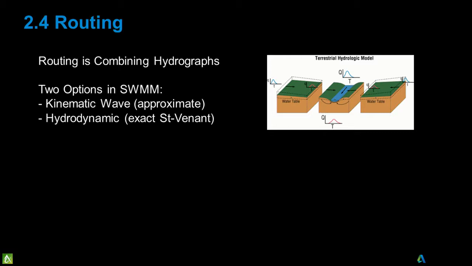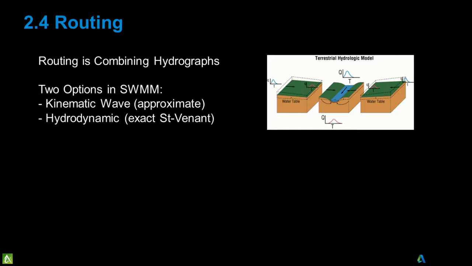And depending on the scale of your project, it gets so complex, it's virtually impossible for a human being to keep track of it all. And that's where the software comes in. It manages not only the calculation, but the routing as well. There are two routing options in SWMM, kinematic wave and hydrodynamic.